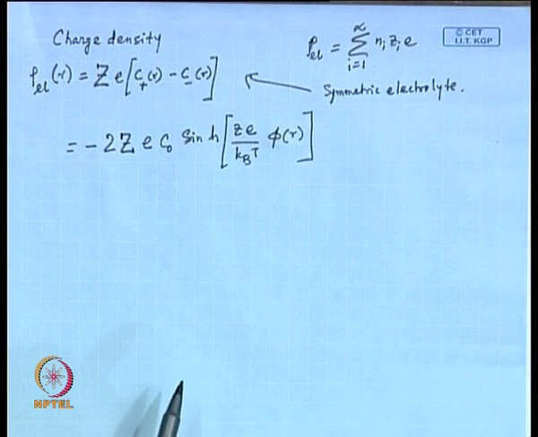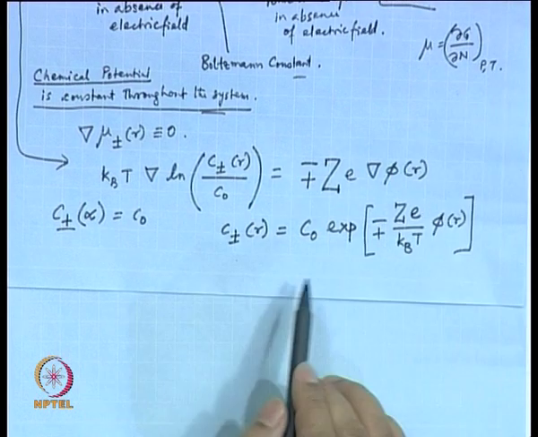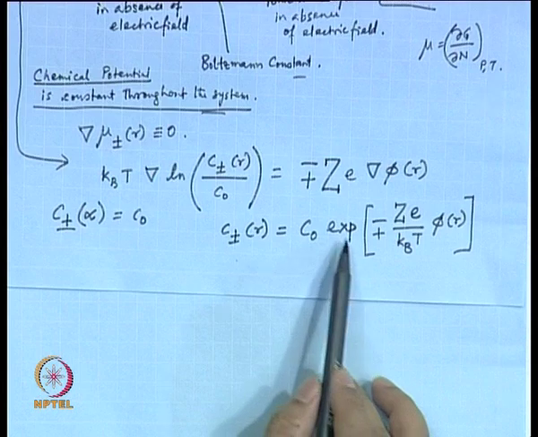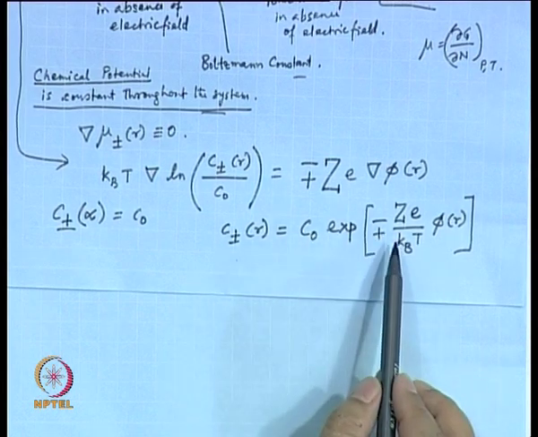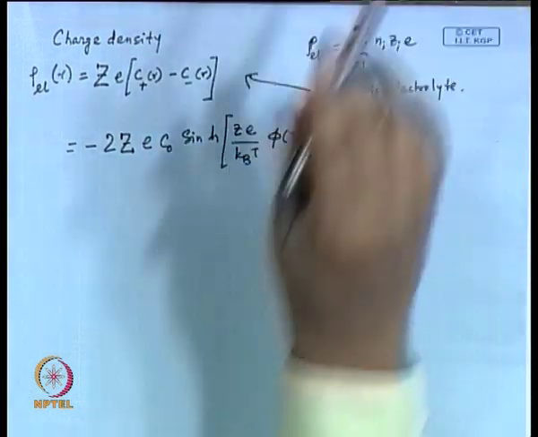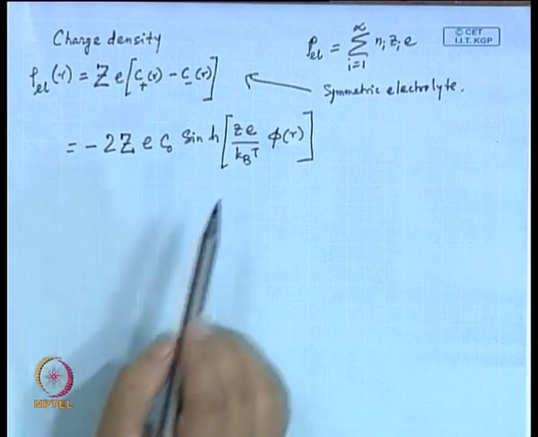How are you getting sine hyperbolic? Because it is e to the power minus something plus e to the power plus something. Here we have this expression, and for the minus sign it is e to the power minus and then e to the power plus. So, you end up with this expression for charge density.